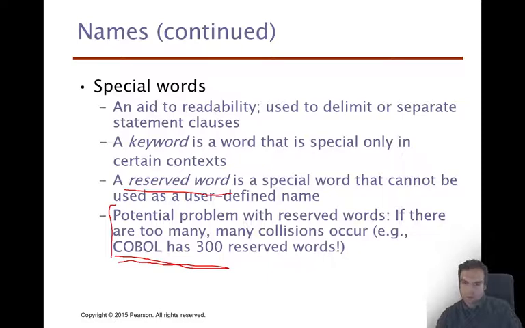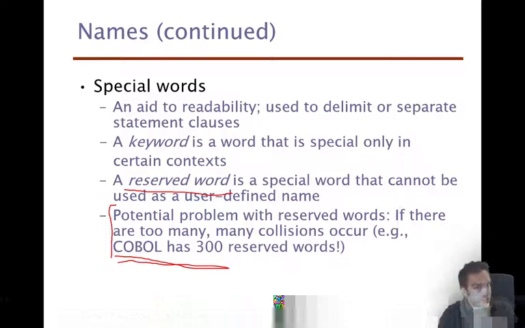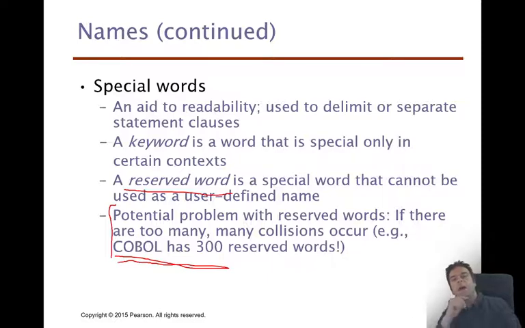So, among special words, a reserved word can't be used as an identifier name. If it's not a reserved word, it could still be a special word. It can be something that's predefined. A keyword has special meaning only in certain contexts. And I don't have an example off the top of my head, but I do have the book.